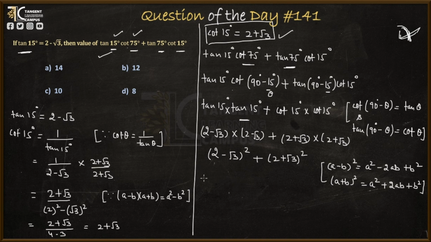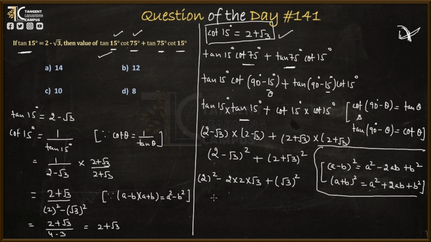So here we will have 2² − 2 × 2 × √3 + (√3)², this is for the first part, plus 2² + 2 × 2 × √3 + (√3)².